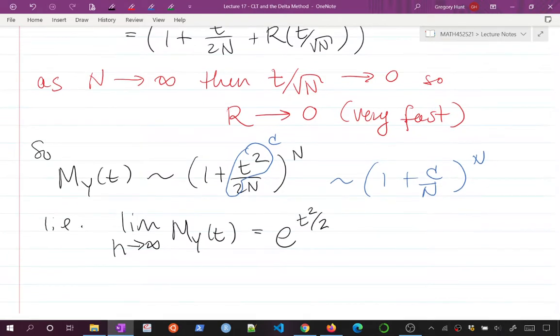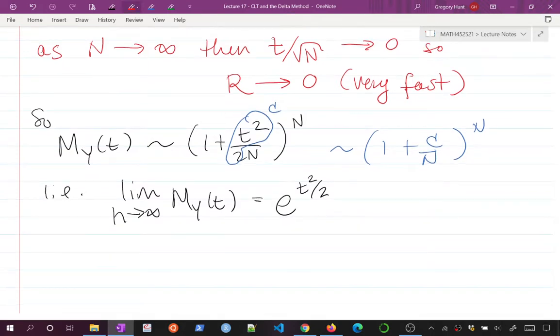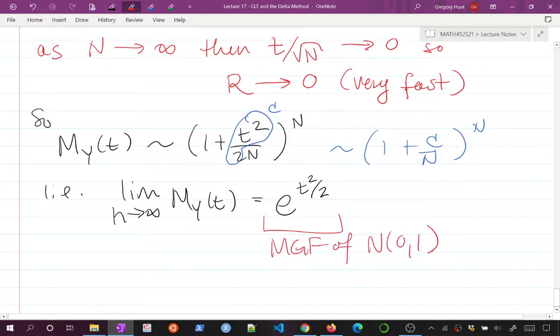And we can recognize this as the MGF of a standard normal random variable.